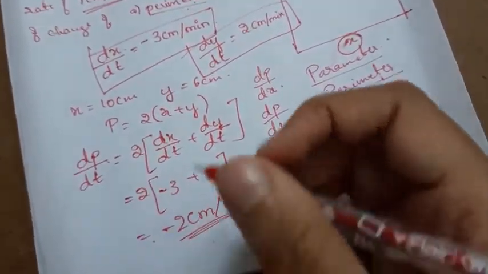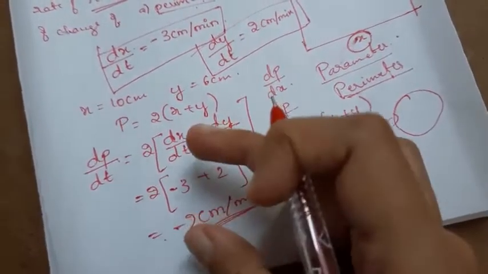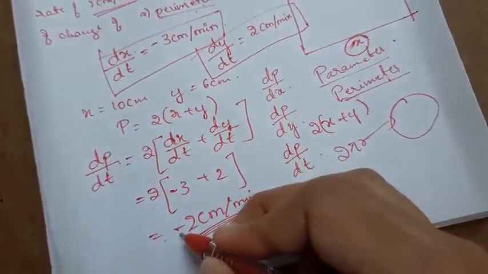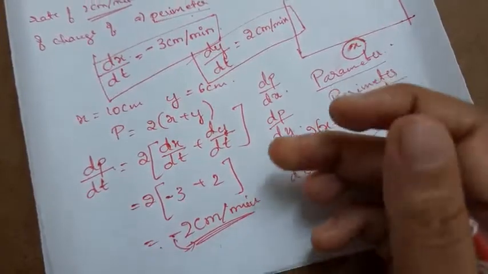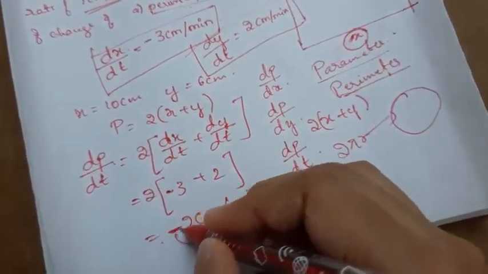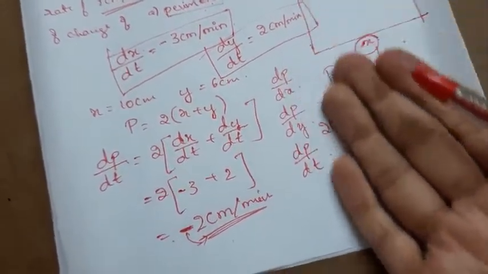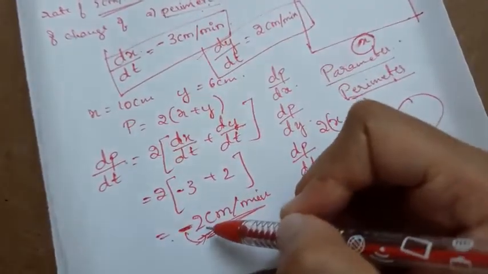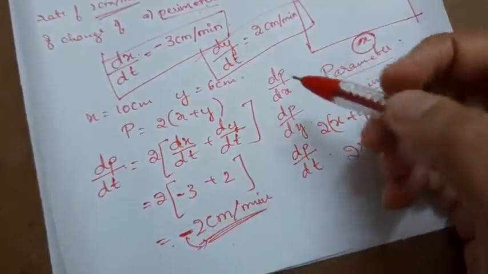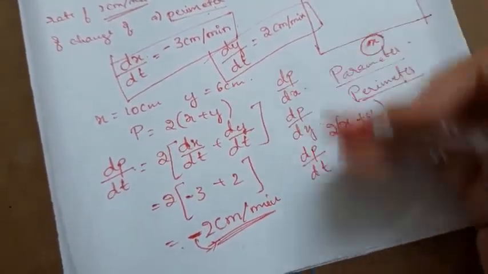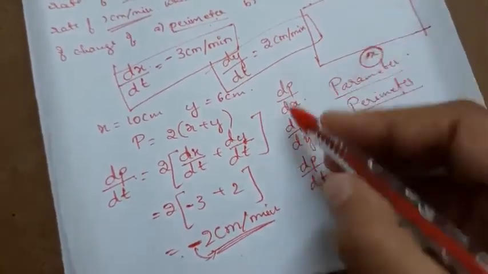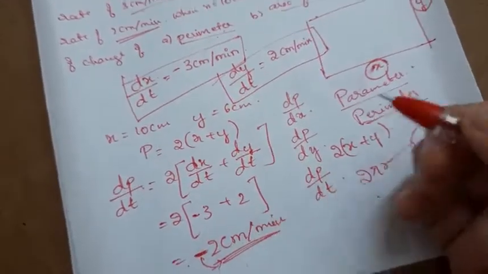If you are going to state it verbally, the perimeter is decreasing at the rate of 2 centimeter per minute, because we have a negative sign. This is how we are going to state this answer verbally.